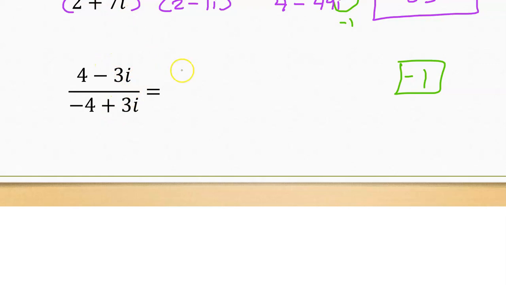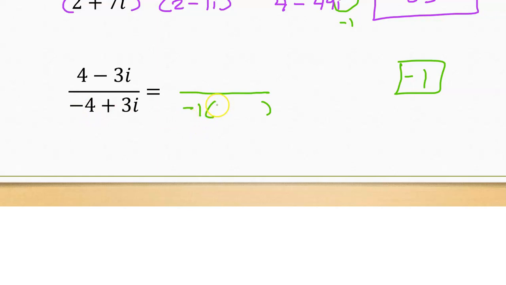So the smart thing to do, and I mean there's nothing wrong with the way I did it. So if you don't notice this trick that I'm about to show you, if you do it the long way, you still get the right answers. Totally fine. But what if we just factored out a negative 1, right? Imagine that in the denominator, we just factored out negative 1 like a GCF.